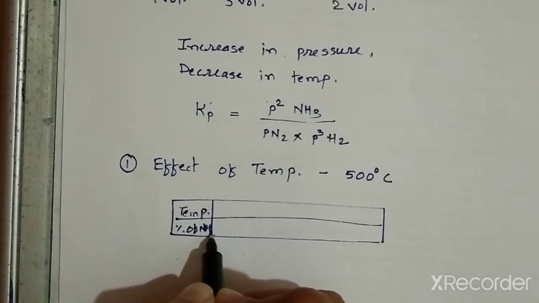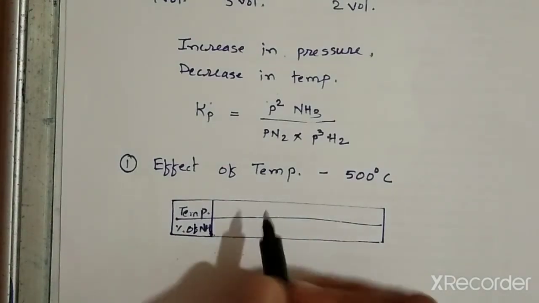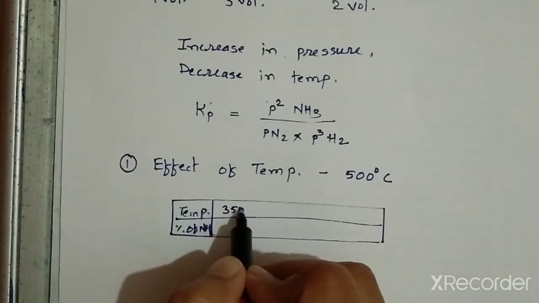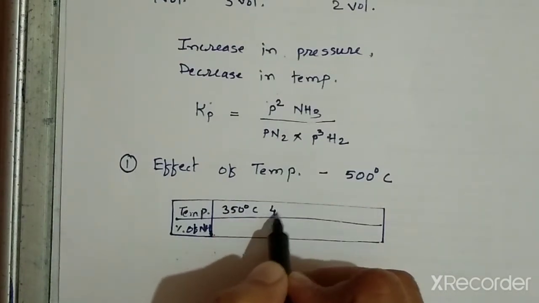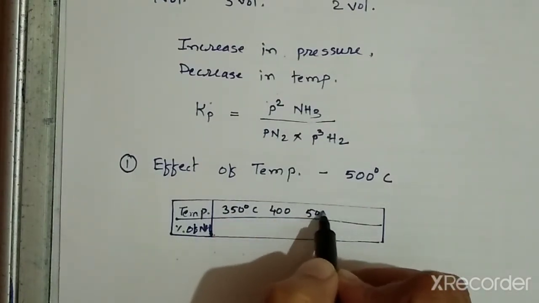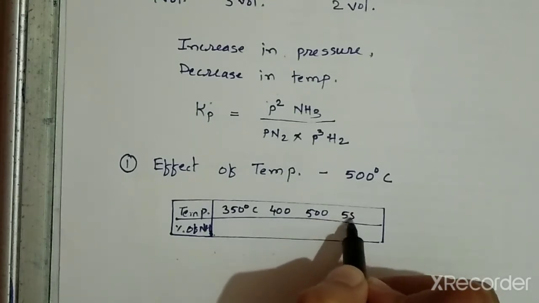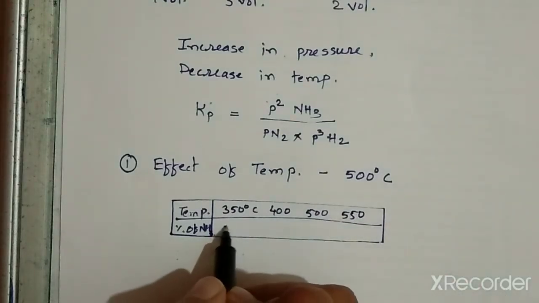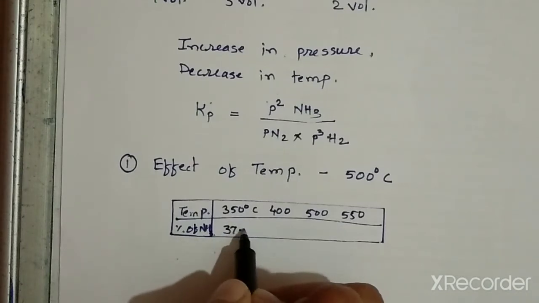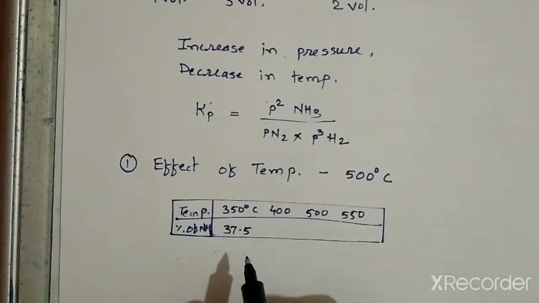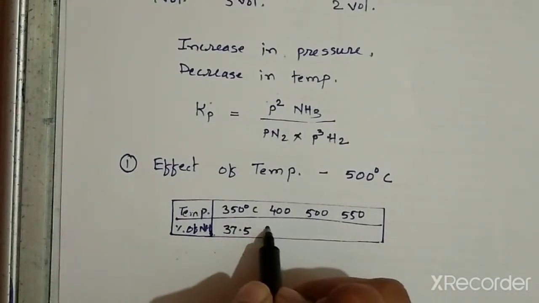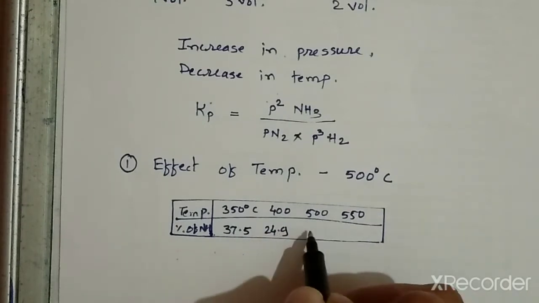What is happening in that? The percentage of ammonia at 350 degrees centigrade, then 400, 500 and 550. At 350 degrees centigrade, the formation of ammonia is 37.5, then 24.9 at 400.